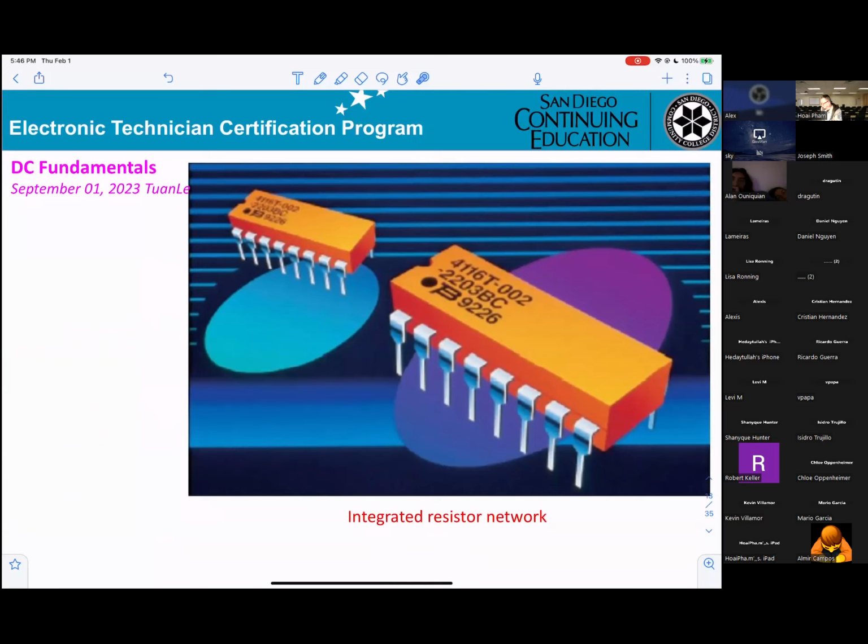Also, this is what they call an integrated resistor. That means inside they can get 1, 2, 3, 4, 5, 6, 7 resistors. Why do we need that type of resistor? You understand resistors are used everywhere.